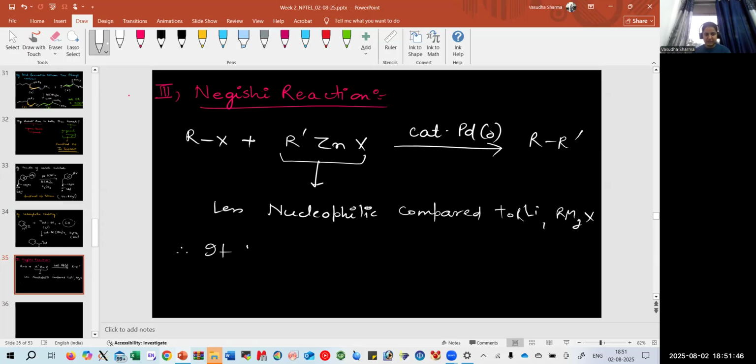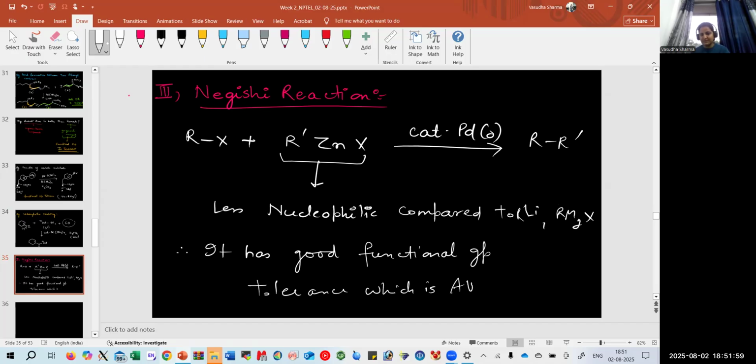Therefore, it has good functional group tolerance, which is absent in the Kumada reaction, right?